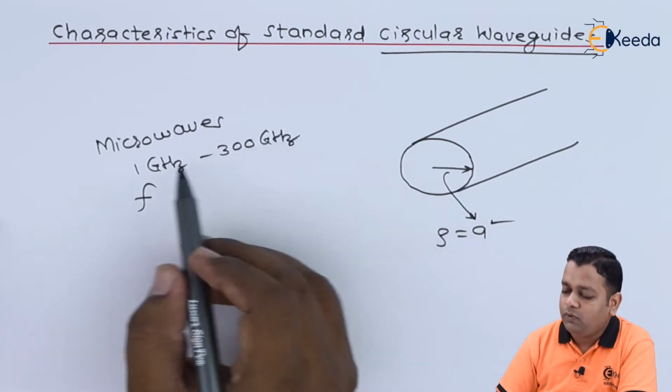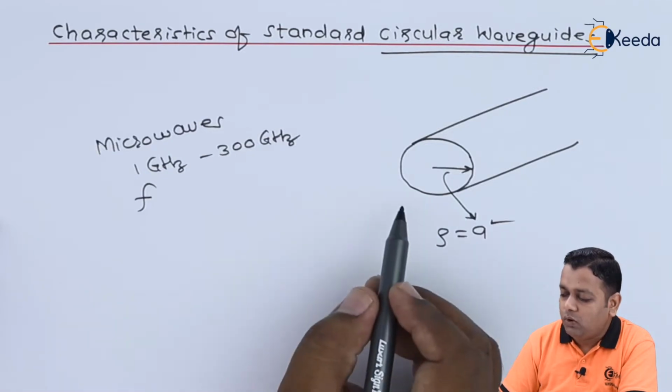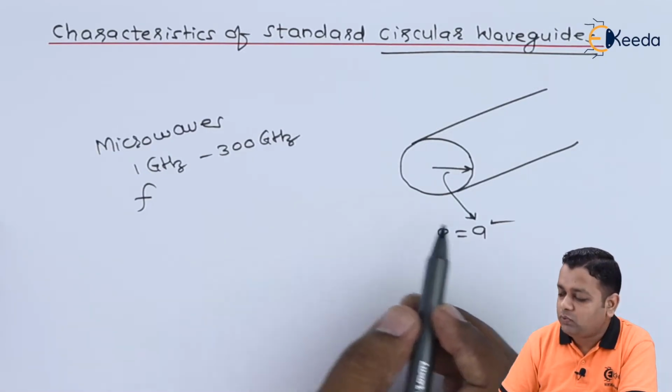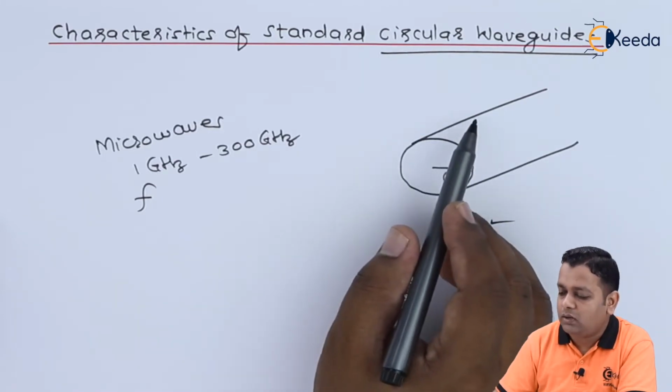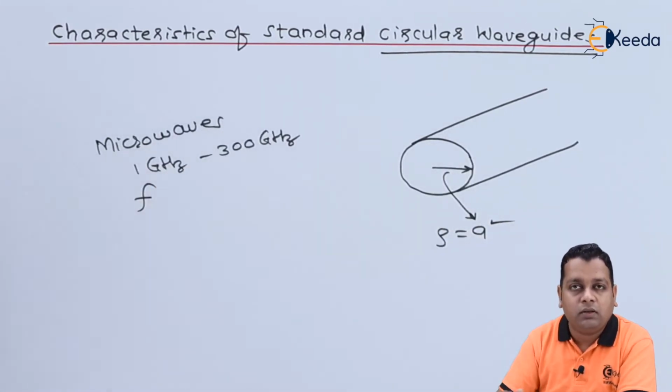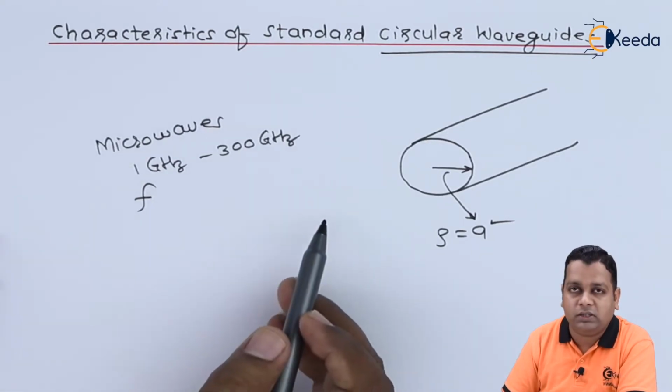So if we have a change in frequency, what is the requirement corresponding to the internal dimensions of the circular waveguide for standard results? There is a relation here.